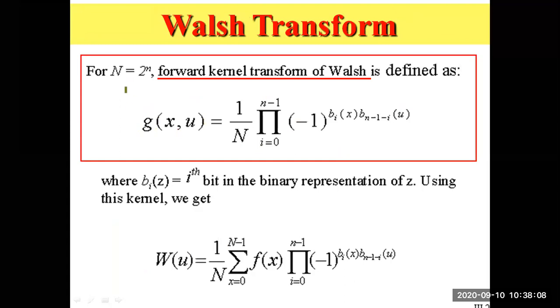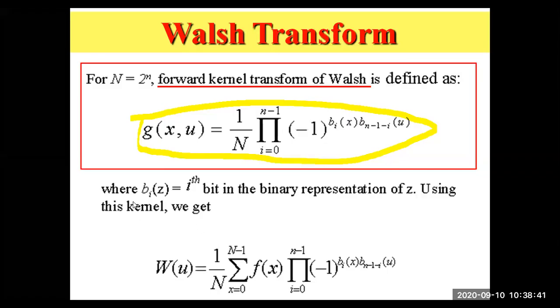The formula is g of x comma u equals 1 by capital N, product for i equal to 0 to n minus 1, whole power b suffix i. Here b_i of z is the ith bit in the binary representation of z.